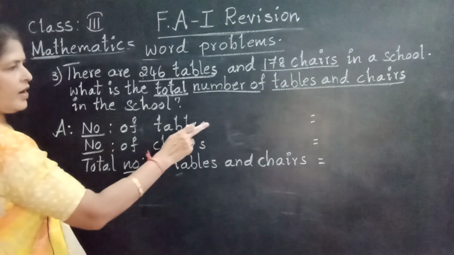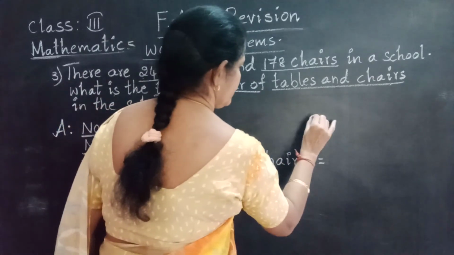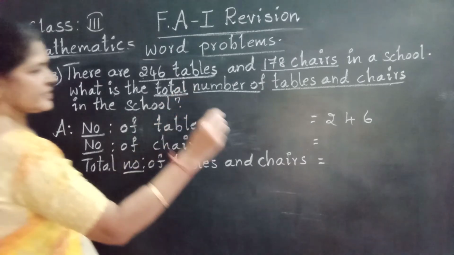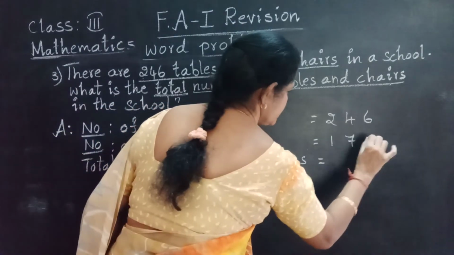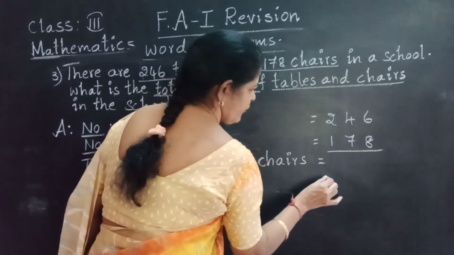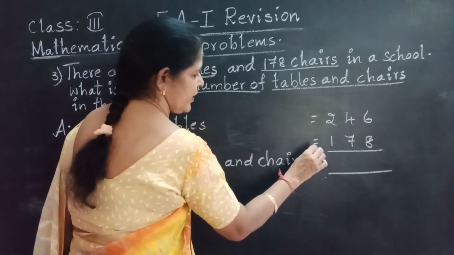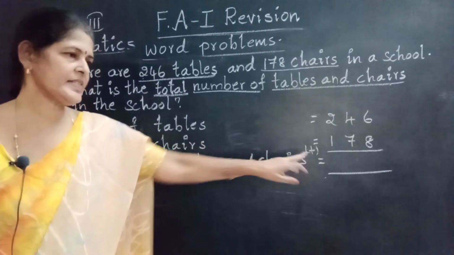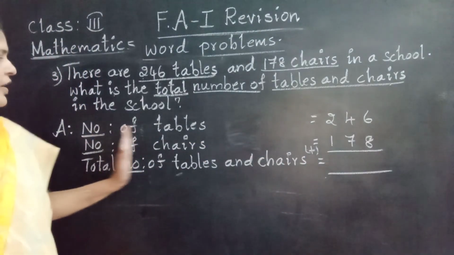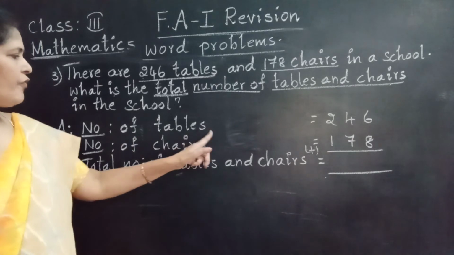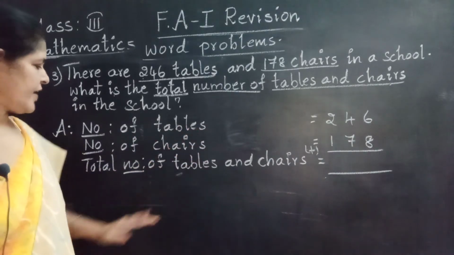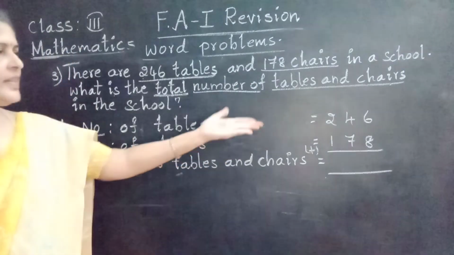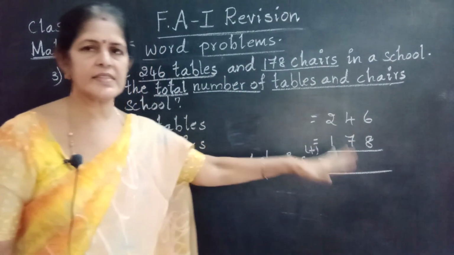First one, number of tables. How many? 246. Number of chairs? 178. Total number of tables and chairs. We get the total by addition. That's why put the symbol plus. Word problem means we write the words. Number of tables, number of chairs, total number of tables and chairs. Then write the numbers one below the other straight.